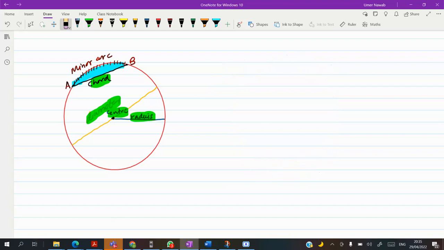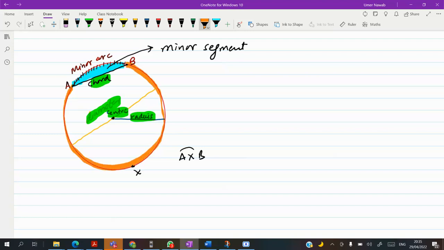Any area which is enclosed between the minor arc and a chord is called the minor segment. The blue area is called the minor segment. And the area which is enclosed between the chord and the major arc, because AXB here, I'm talking about this, boys. This AXB is a major arc.